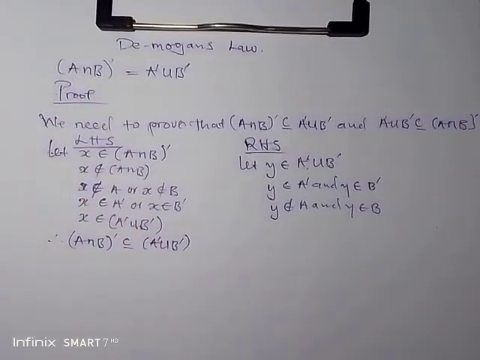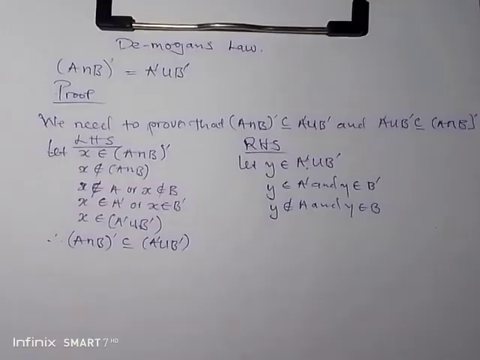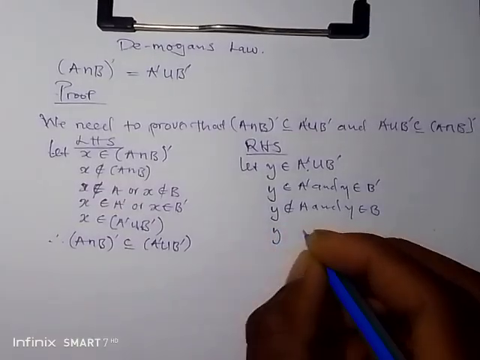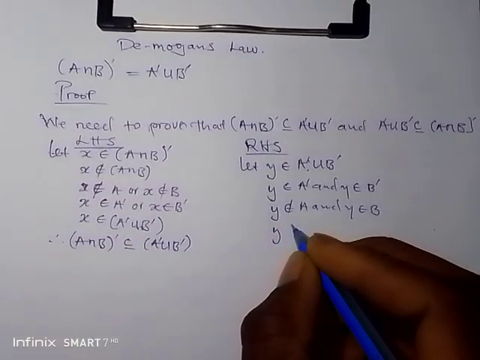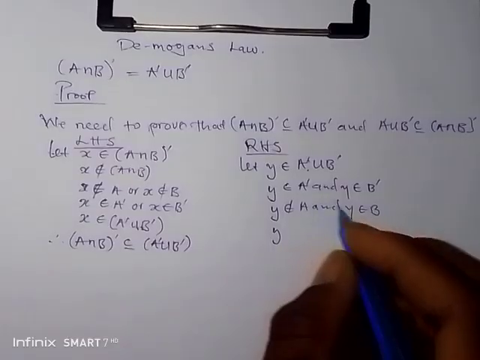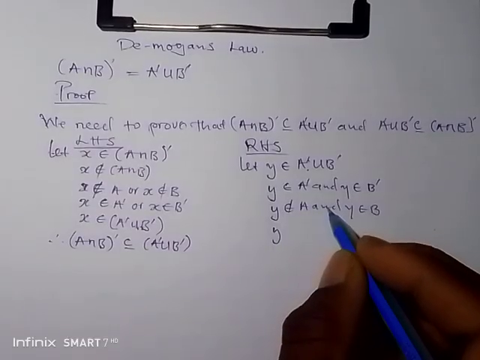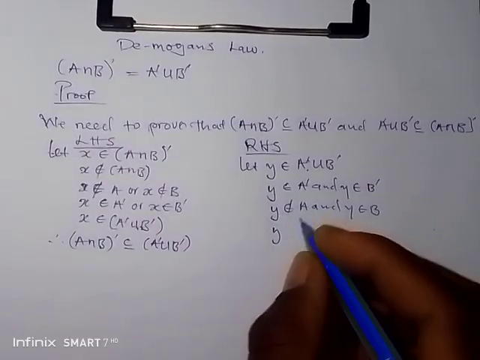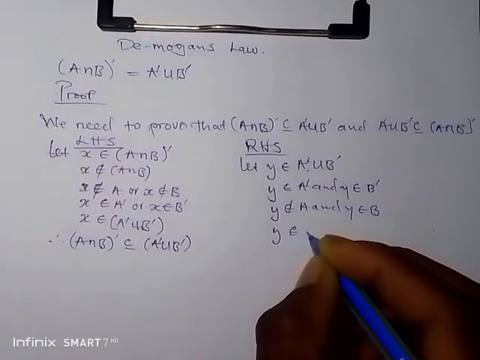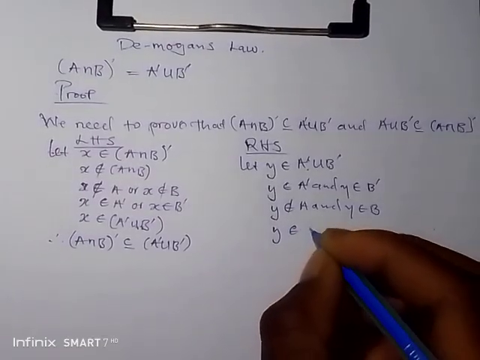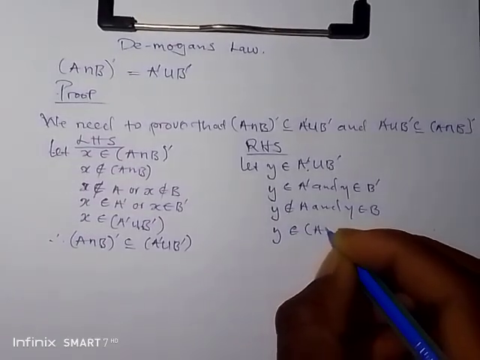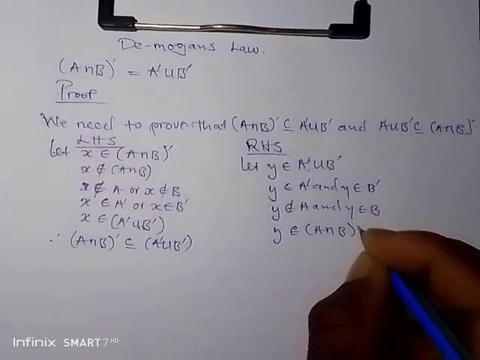But we need to come up with something that looks like this. So Y is also not a member of A and B. Since we have already come up with and, we say Y is a member of (A intersection B) complement.